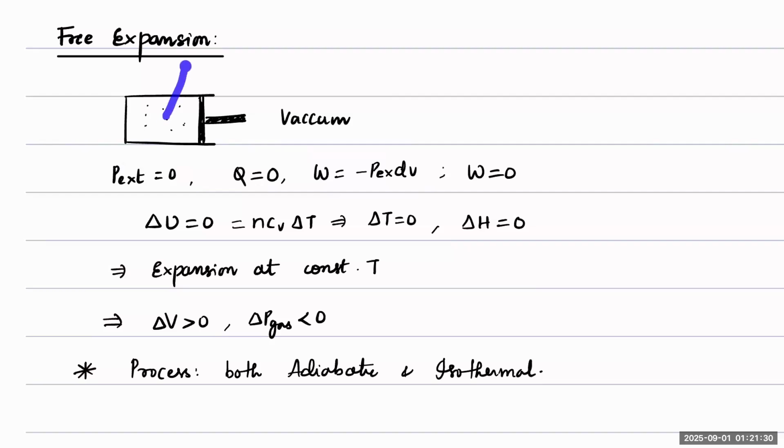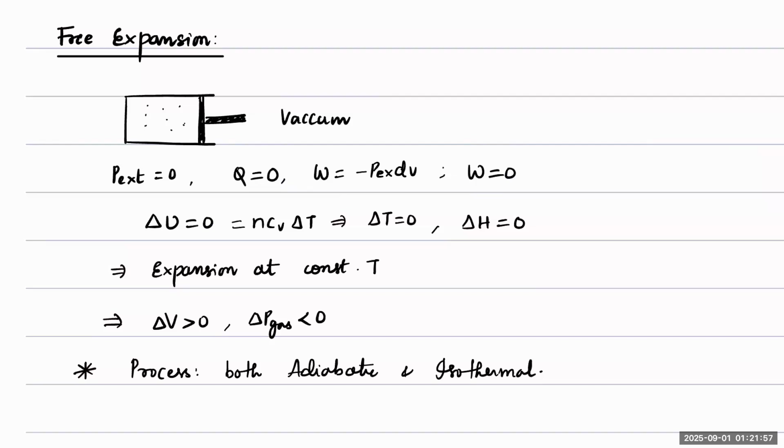And tell me, if there is vacuum outside, even if you want to exchange heat from surroundings, there is nothing which can actually absorb or transfer heat. So heat cannot be exchanged either. Work cannot be done. So if Q is 0, W is 0, which means delta U should be 0.